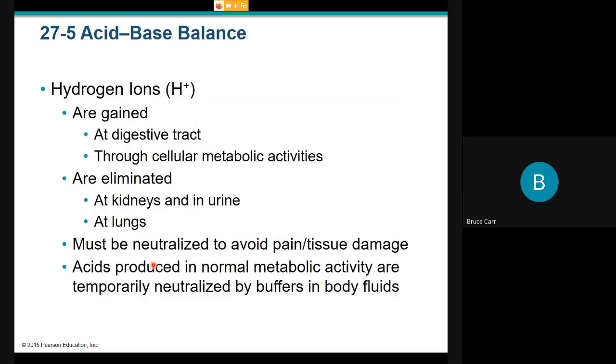We gain hydrogen ion across the digestive tract and through cellular metabolic activities. We already talked at length about the production of CO2, but I want to go back to the first one, the digestive tract. We actually like sour foods. There are so many foods of high value that are sour. We call it tart. Sometimes we call it outright sour.